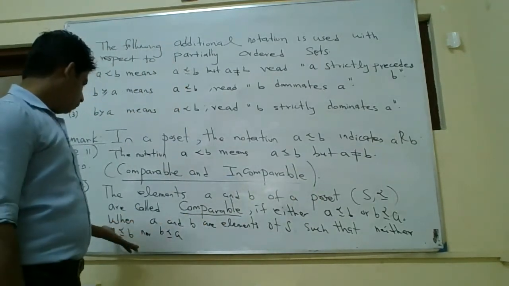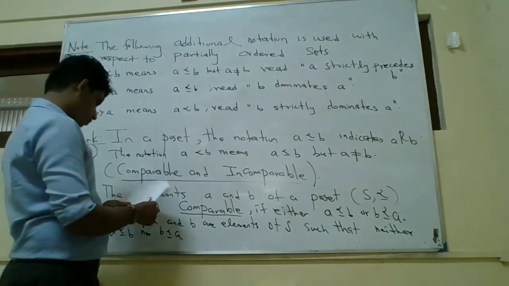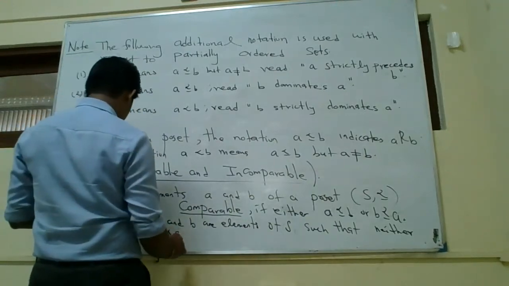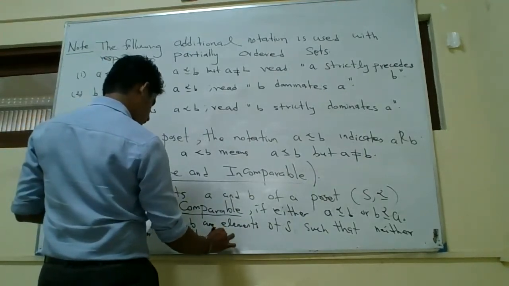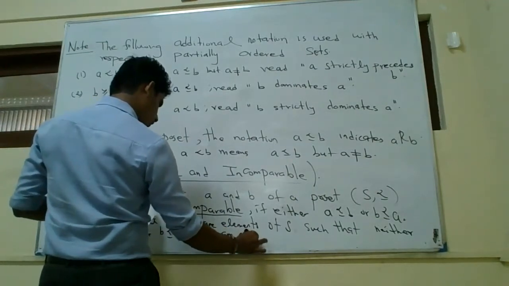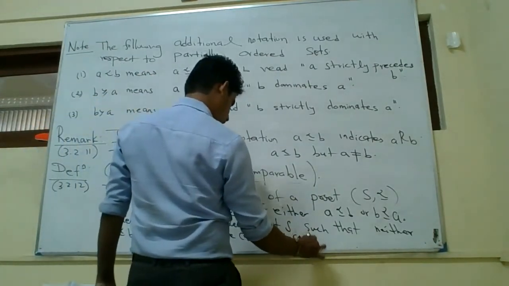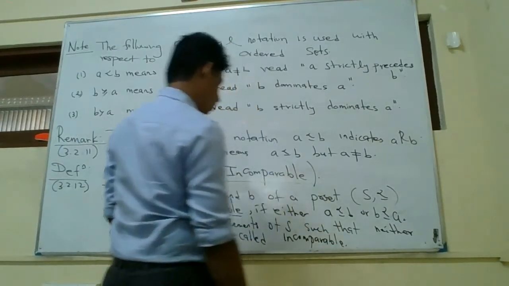Neither A precedes B nor B precedes A. Then they are called incomparable.